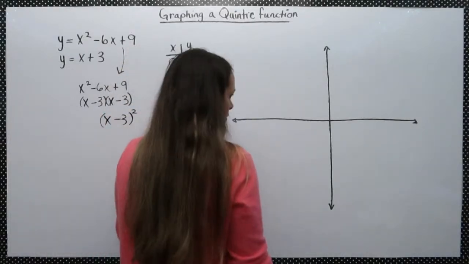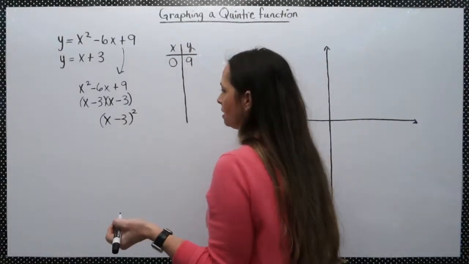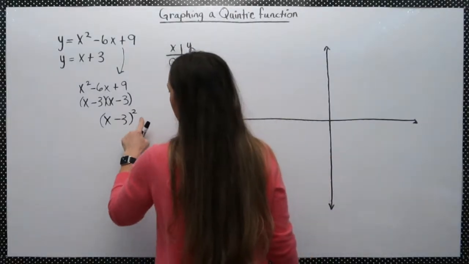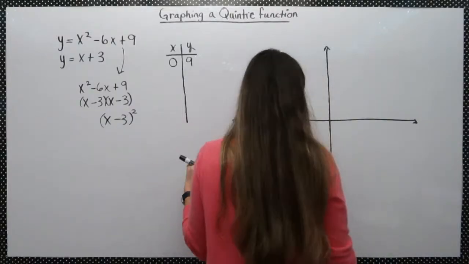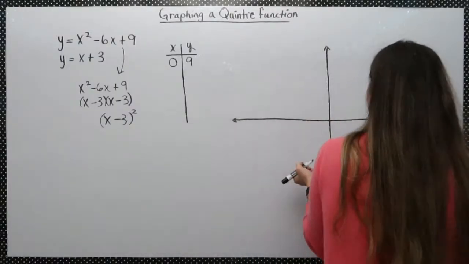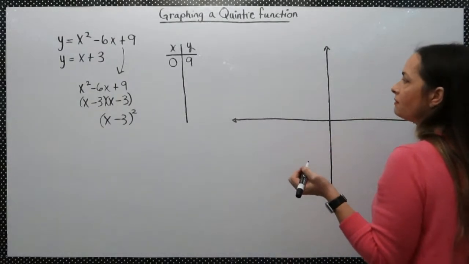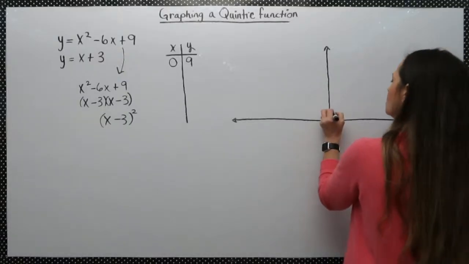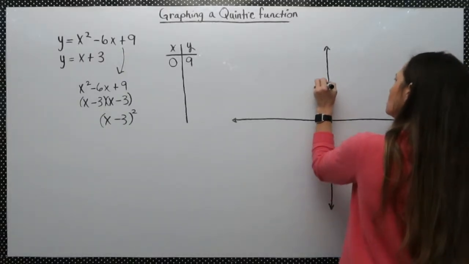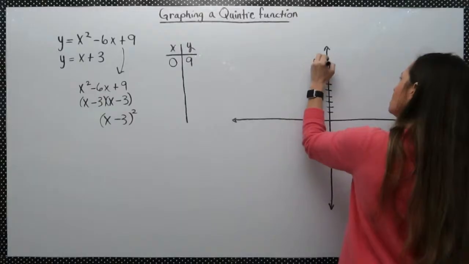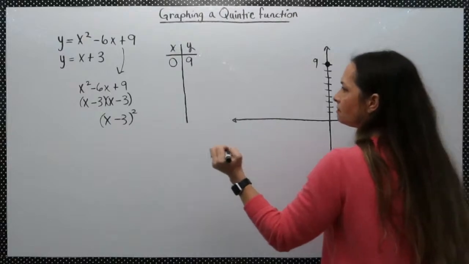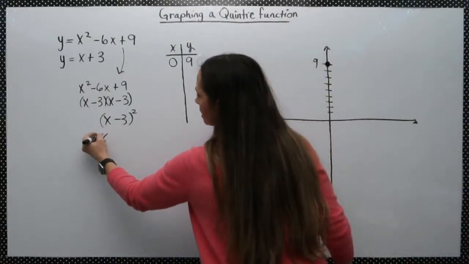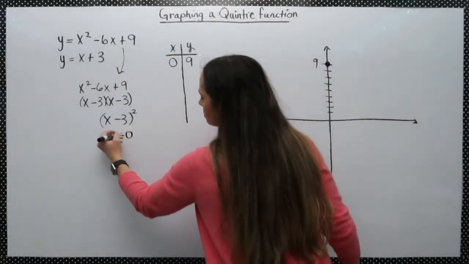There is math theory behind graphing polynomials: if you have a square, that means it's sitting on the x-axis. So we have a y-intercept of 9. And then we have a bounce at, well, the factor is x minus 3 equals 0.